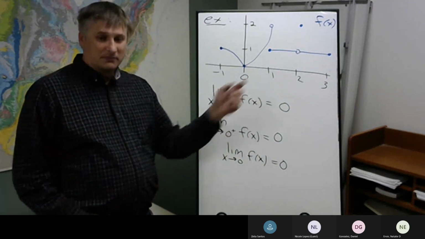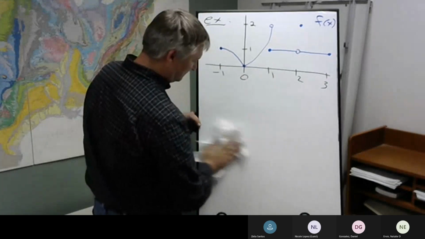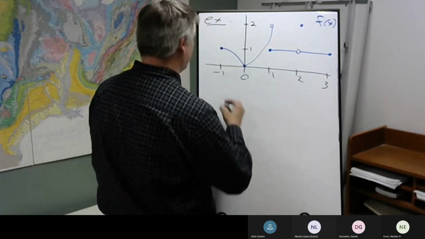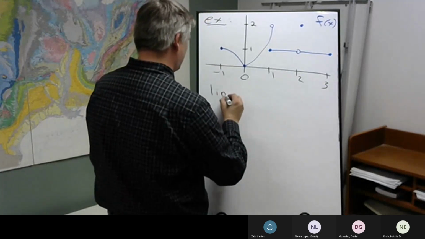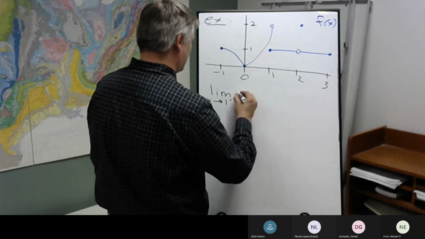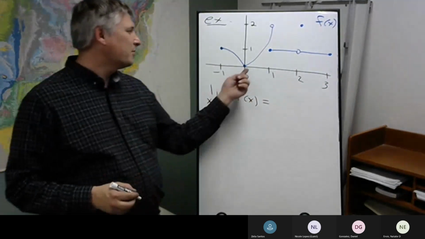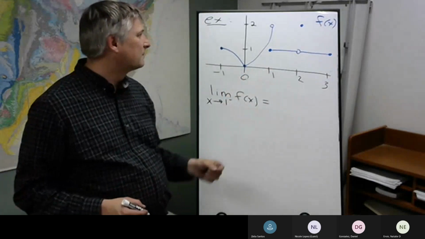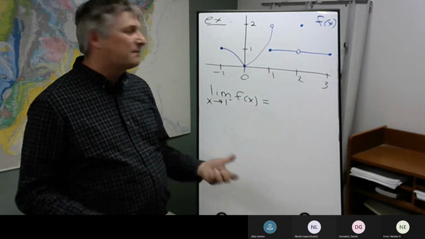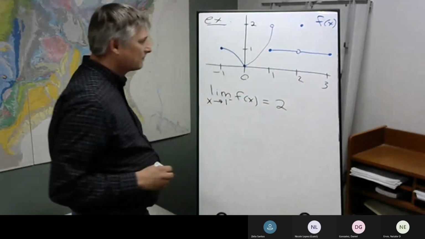Now let's take a look at 1. As we approach 1 from the left, we're climbing up, up, up, up, up, and we get to an f of x value of about 2. This is going to be 2.